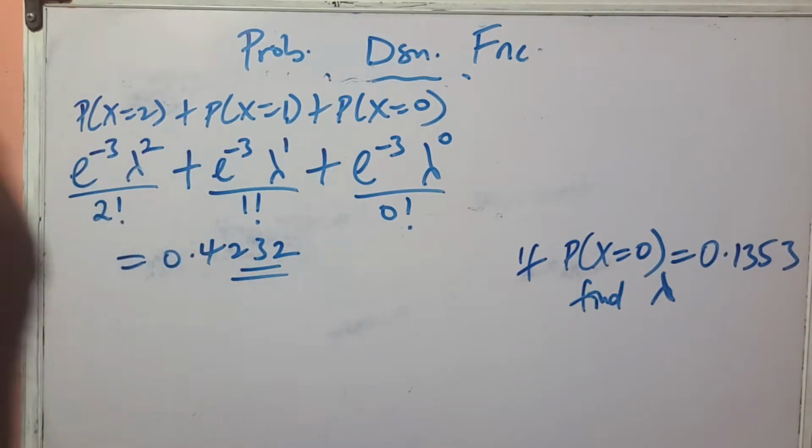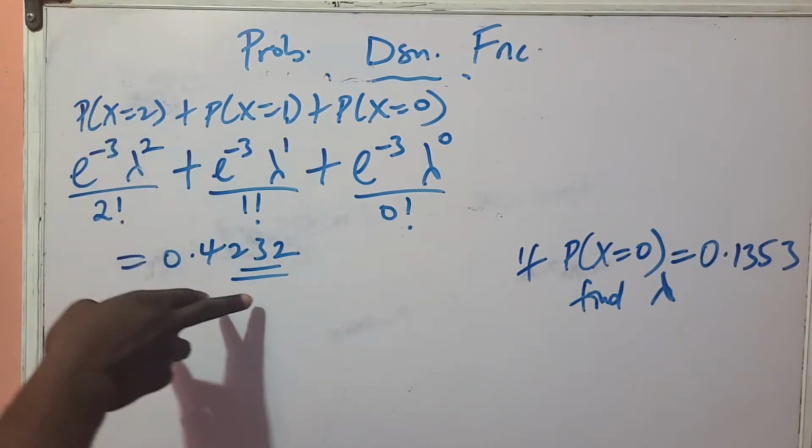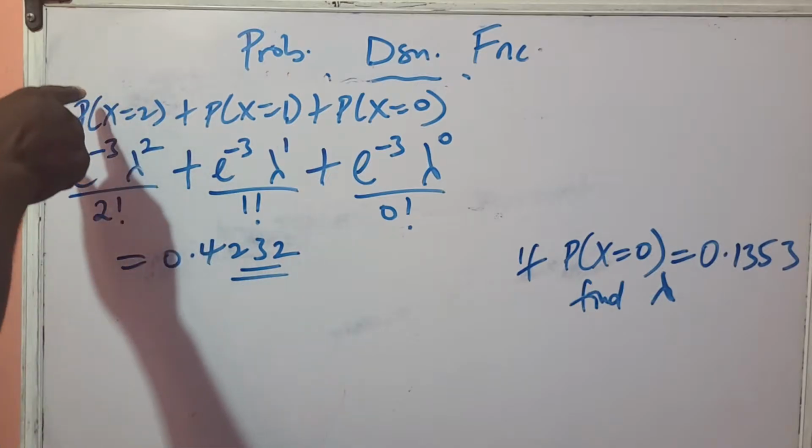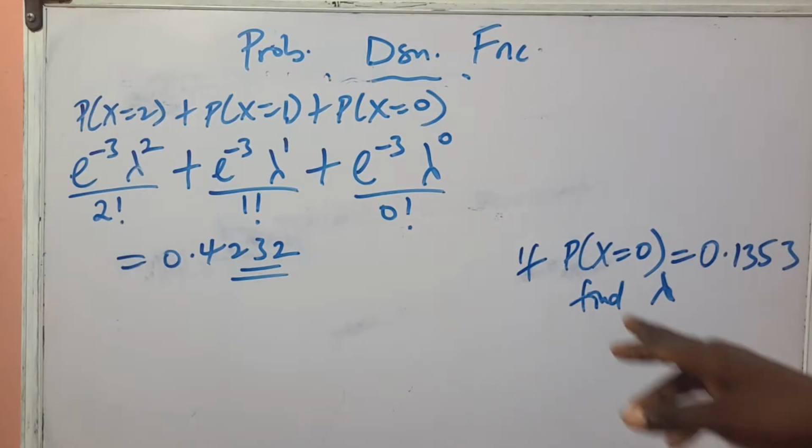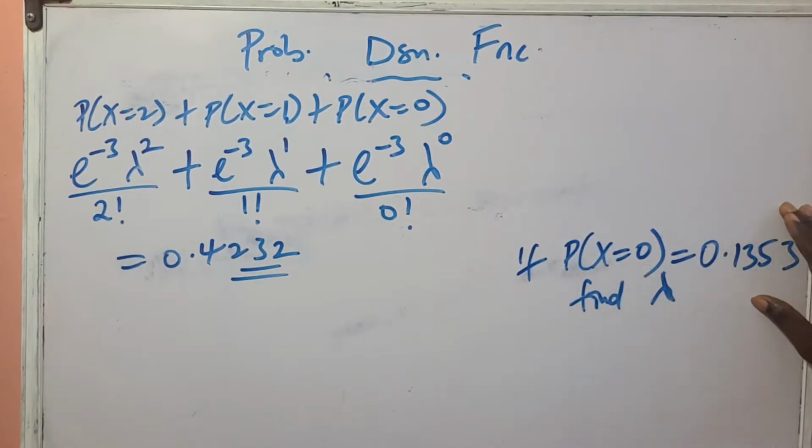But look at what they are telling you. They're telling you the answer already. They want you to reverse this to give whatever was lambda. You understand the whole concept? So they are telling you the answer for when the probability of x was 0, and they want you to move this to the front. They said the probability of x equals 0 is 0.1353. Find lambda.